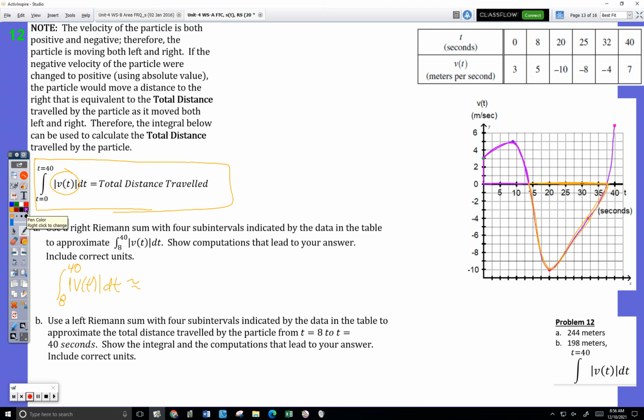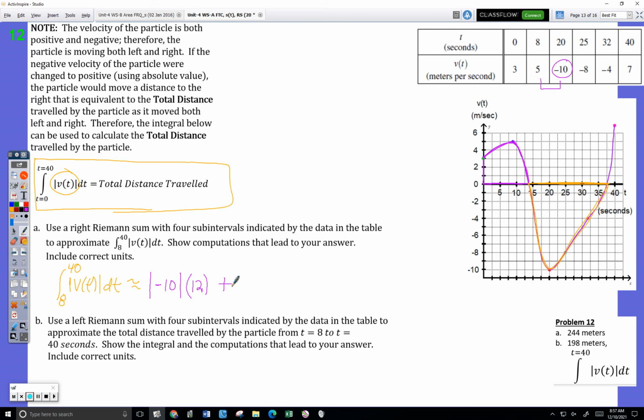Okay, so write 10 times. Very good. I'm going to write absolute value just to emphasize what we really did. So we take the absolute value of negative 10. Keep going. 10 times 12. So Mark correctly went to the very first subinterval. We're supposed to do a right Riemann sum. Pick the value on the right, found the absolute value, multiplied by 12. Two points for Mark.